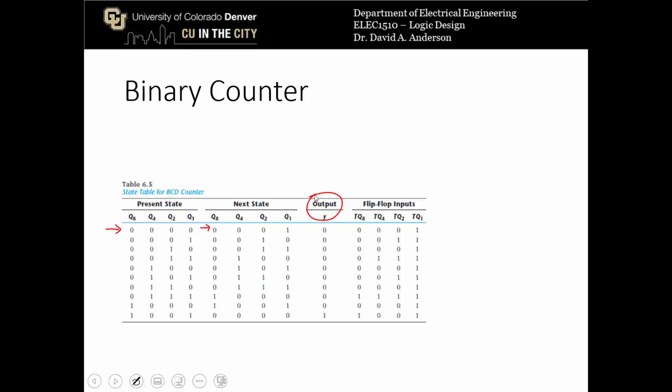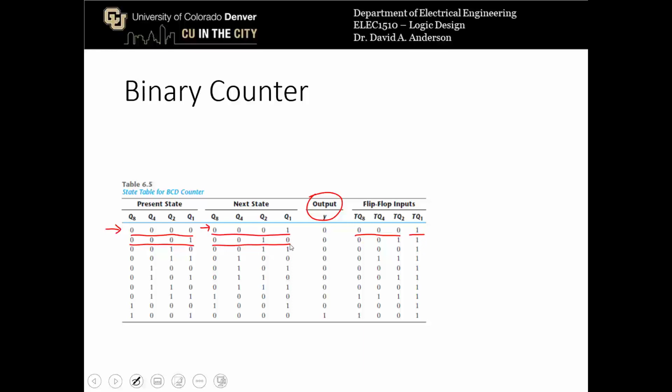When we look at the transition from the present state 0, 0, 0, 0 to the next state 0, 0, 0, 1, we can assign T flip-flop inputs to control that transition. The first 3 bits don't toggle, but the last bit does, so we have 3 zeros and a 1. In the next state, we have 0, 0, 0, 1, which transitions to 0, 0, 1, 0.